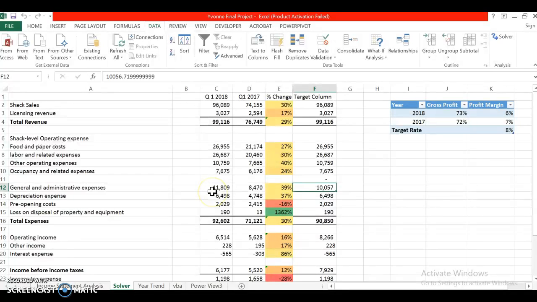However, now we have almost $12 million. So we can see the company needs to manage this category a little bit more in order to achieve the target profit margin.